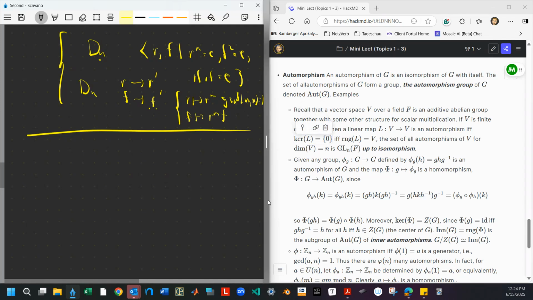So vector spaces are really nice. They're really easy to generate maps for. You just take a basis and map it to anything, and that'll give you a homomorphism. Take a basis, map to anything, and then extend by linearity. So that should be something you know from linear algebra.